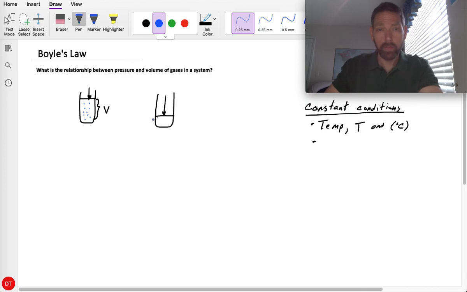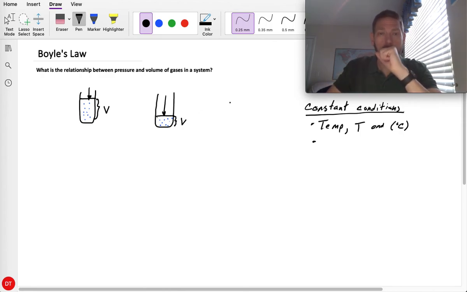So there are still those 10 particles, 1, 2, 3, 4, 5, 6, 7, 8, 9, 10. And remember, here's a certain amount of volume, correct? So let's think about this. We had what we call an initial state, and then we have our changed state.